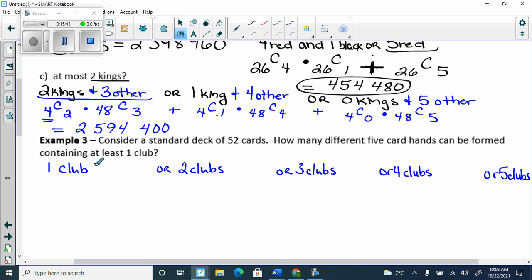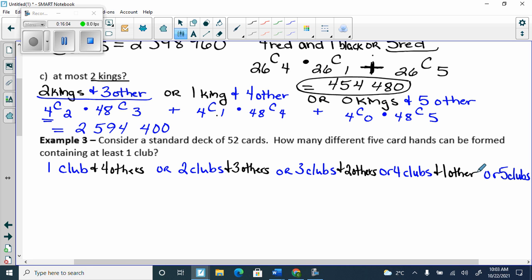So one club and four others. Two clubs and three others. Three clubs and two others. Four clubs and one other. Or five clubs. So it's a lot of cases, right?